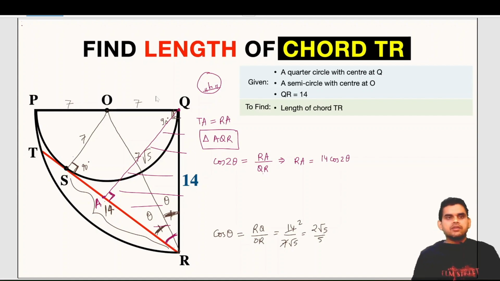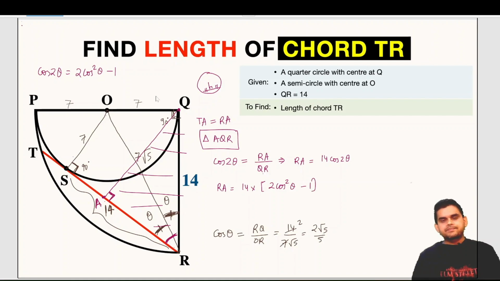In trigonometry, we know that cos 2 theta is equal to 2 cos square theta minus 1. So we will use this identity here. So RA will be 14 times inside bracket 2 cos square theta minus 1.